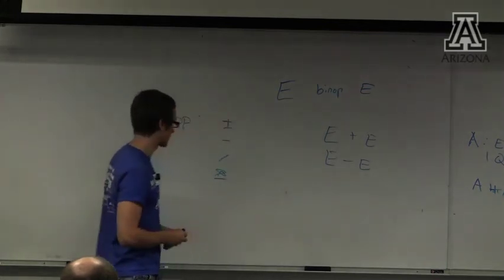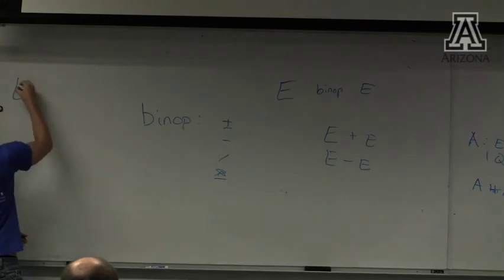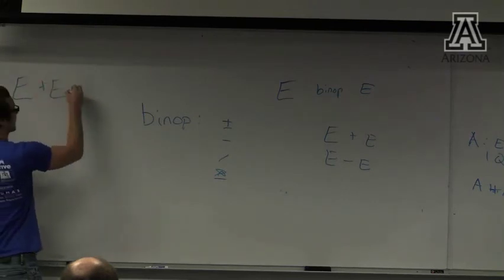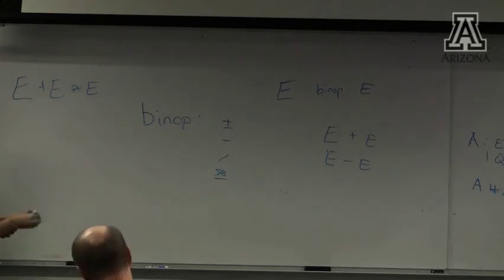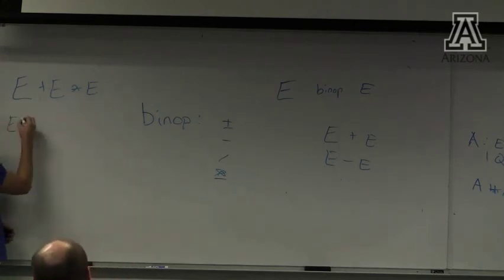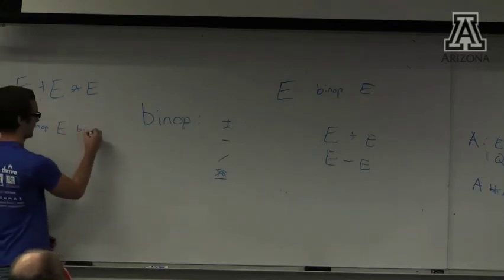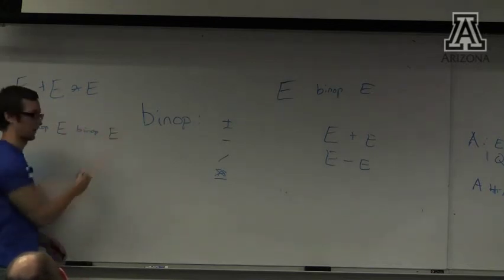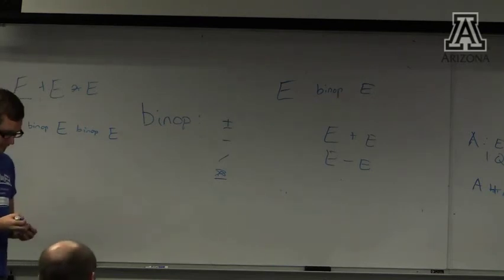For just this reason, if I have E plus E times E, the canonical example, this ends up being E binop E binop E, and once we're here, we're like, well, which side do I reduce first? I don't know. So it hits the same problem.